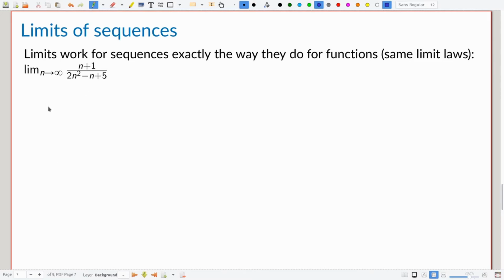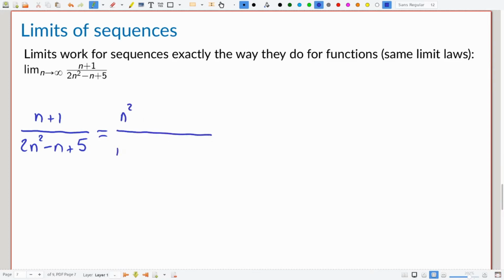And for that, we're going to play this trick that you learned in Cal 1, where we're going to write this and factor out the highest power of n that shows up in this expression. So the highest power is n squared, so we're going to factor it out on the top and on the bottom.